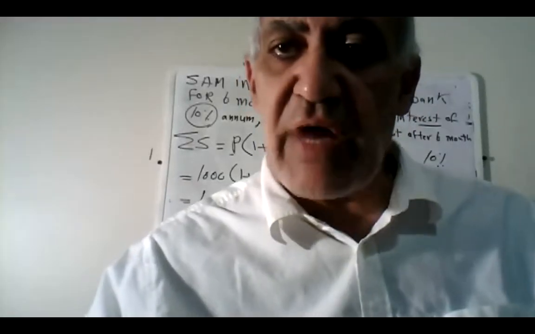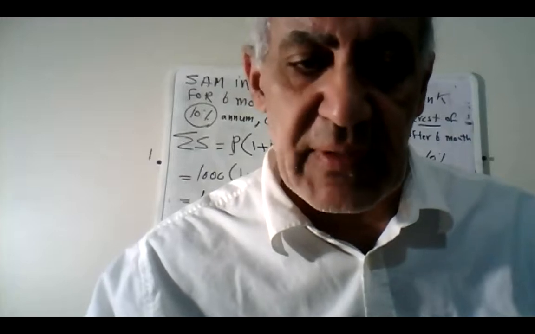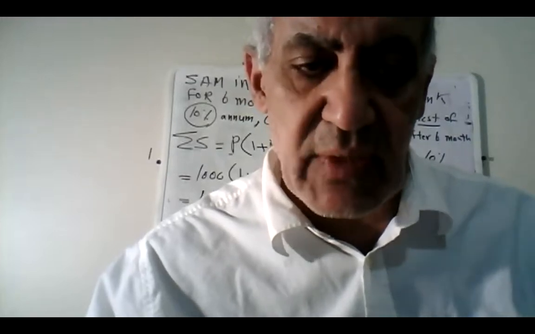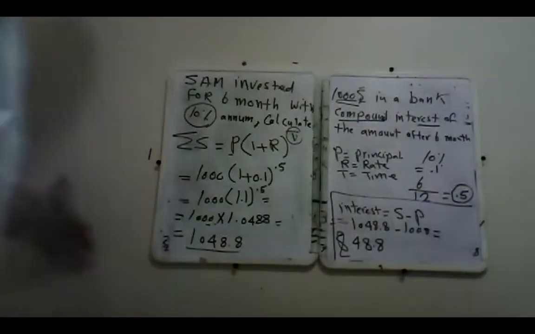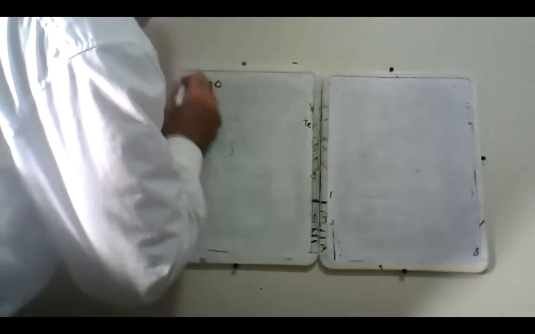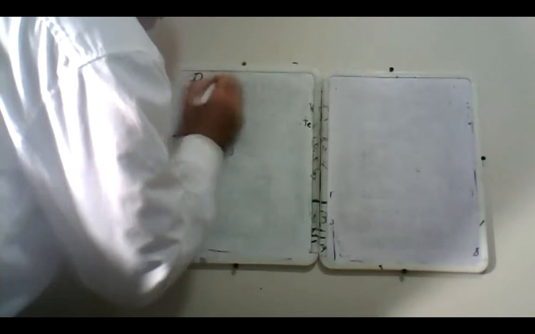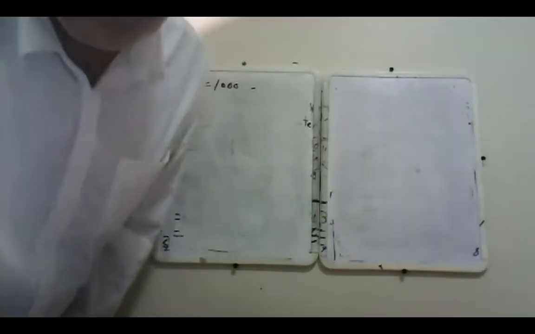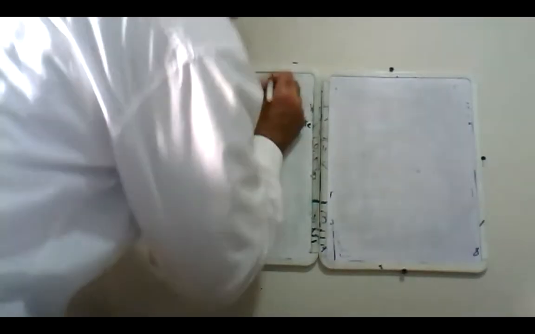So let's now go for our example. What is the example saying? Sam deposited $1,000 in a bank, so the amount is $1,000. This is the present value, so P will be 1,000. I also have the information that the interest rate is 10%, so R is 10%.